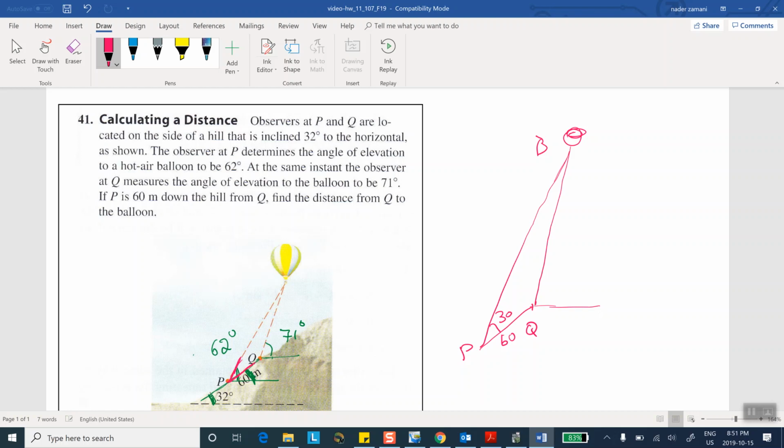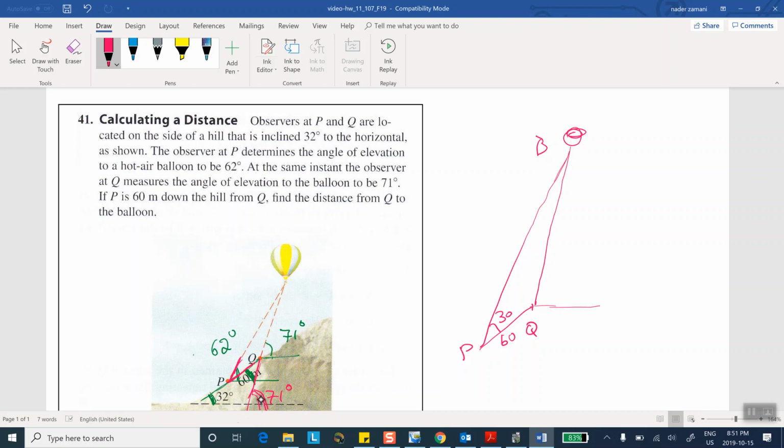Okay, so let's see now. If I looked at this triangle, this continuation of that line here, see that? If you look at the continuation of this line, this angle is 71 degrees.